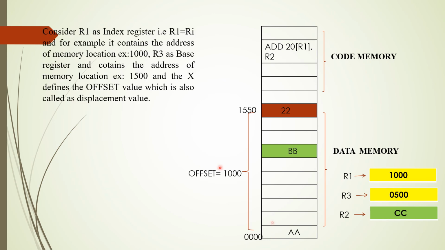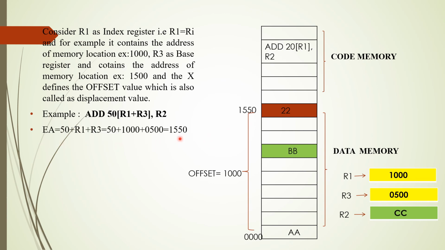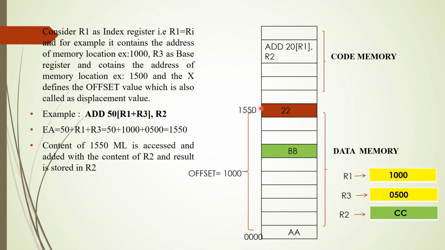Then R1 as an index register and R3 as a base register are added, and a constant value 50 is added to generate an effective address of 1550. This 1550 memory location is accessed and its content is added with the content of R2 to generate the result, that is EE, which is stored back onto the same R2 register.